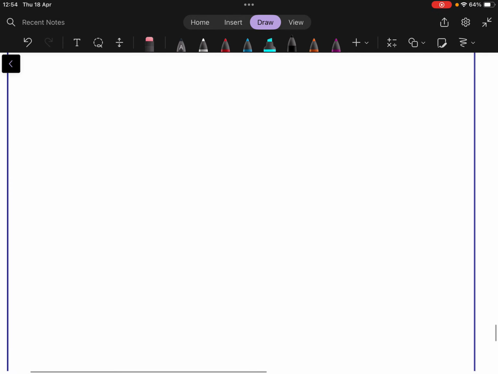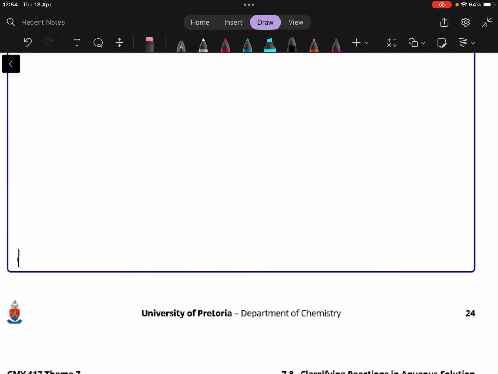So I like to keep a little checklist. So I'll make it here at the bottom. We're going to check the mass. We're going to check the charge. We're going to see if we can simplify. And we need to ensure we have the phases.